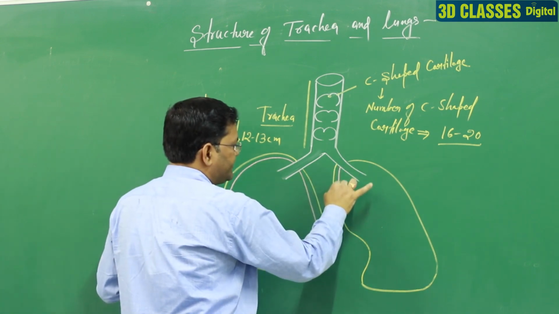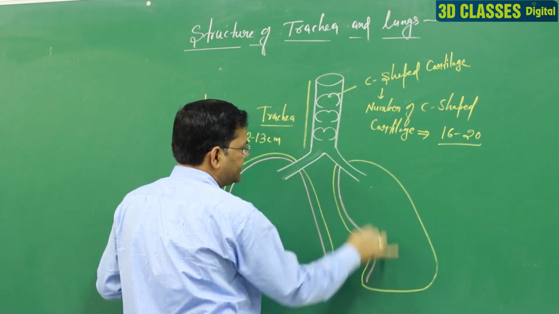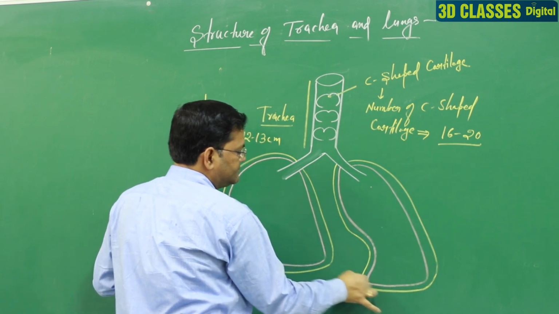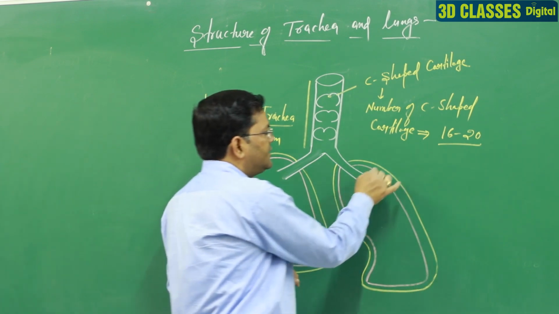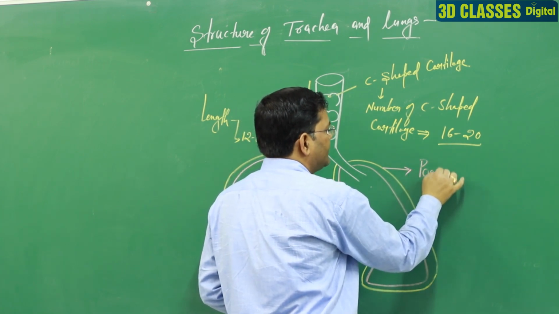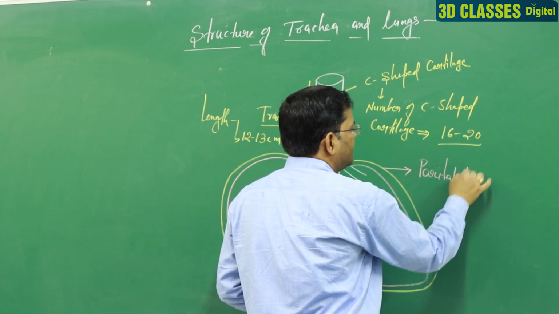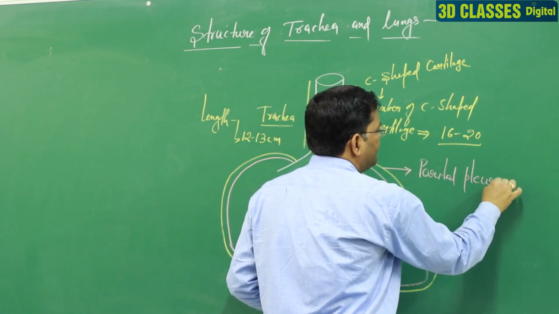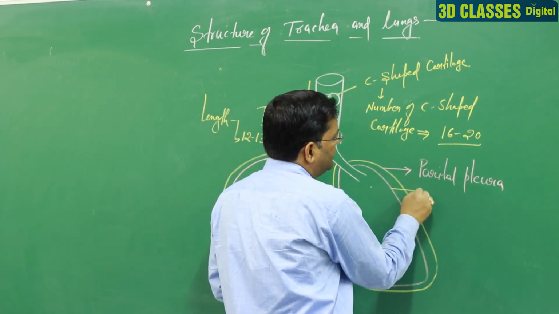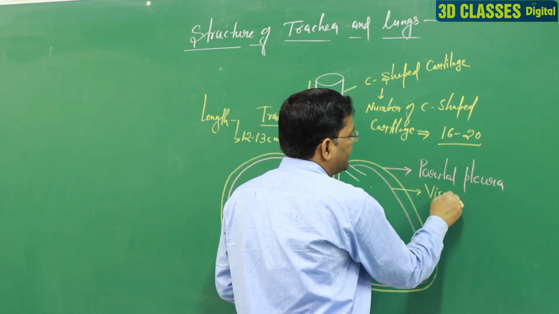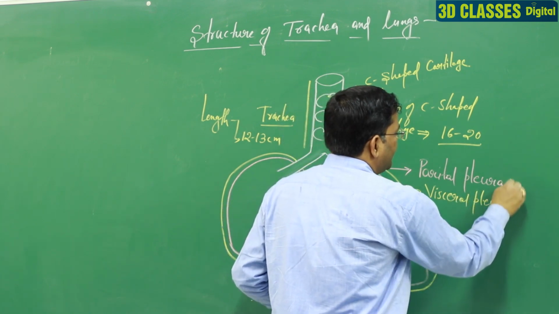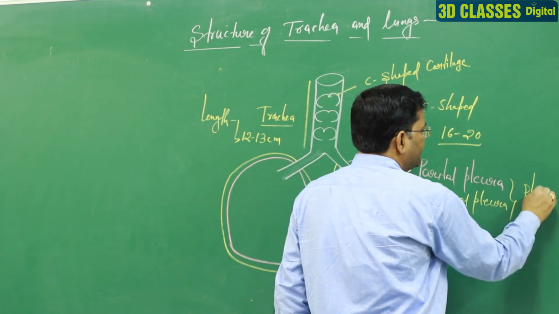Here also two membranes are present. The outer membrane is called the parietal pleura or parietal pleural membrane, and the inner part is called the visceral pleura. These are combinedly known as the pleural membrane.